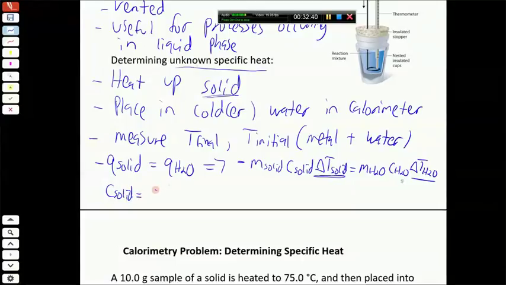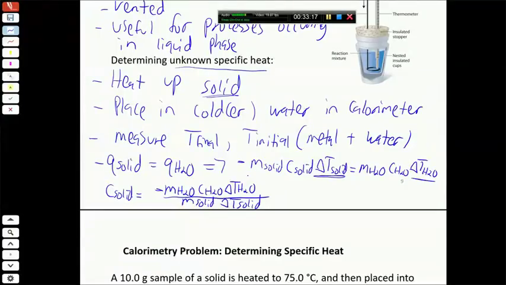So we just solve for that C, which is going to be minus the mass of the water times heat capacity times delta T, divided by the mass of the solid times its delta T. So the four things we need to know to be able to answer these problems, if we're doing this in the laboratory, are the mass of the water that's in the calorimeter, the mass of the solid that we're heating up, and the initial and final temperatures of both the solid and the water.